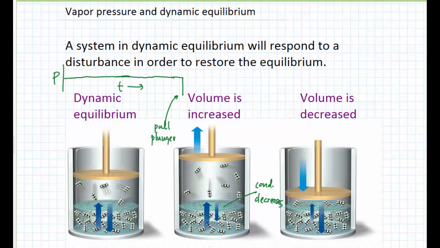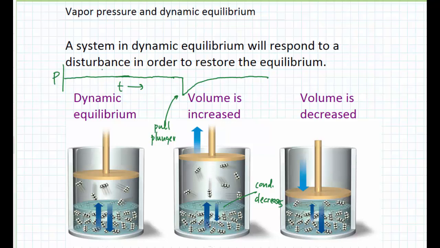Pressure is going to start going back up. We're going to start replenishing this supply, and it's going to go up until we have enough molecules in this larger volume that the condensation rate and the vaporization rate are the same. So pressure is going to start going up, and it's going to do something like that, and reestablish the original pressure that we had before.